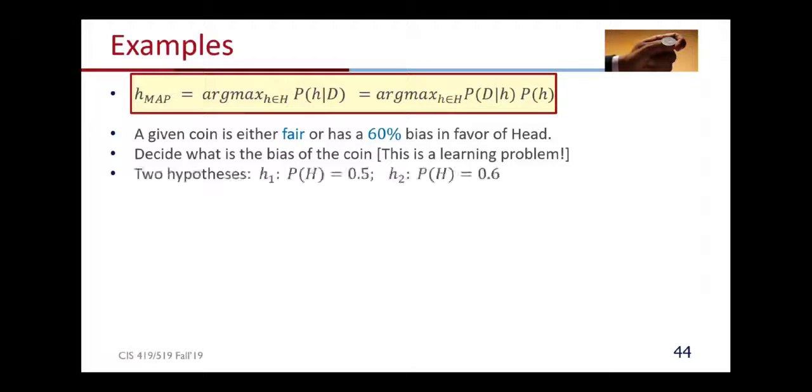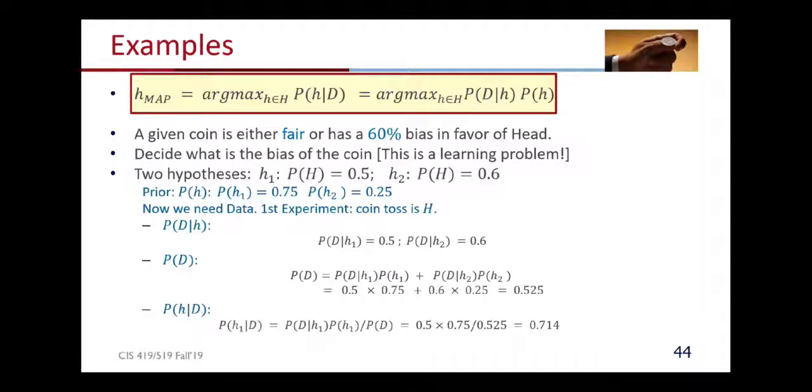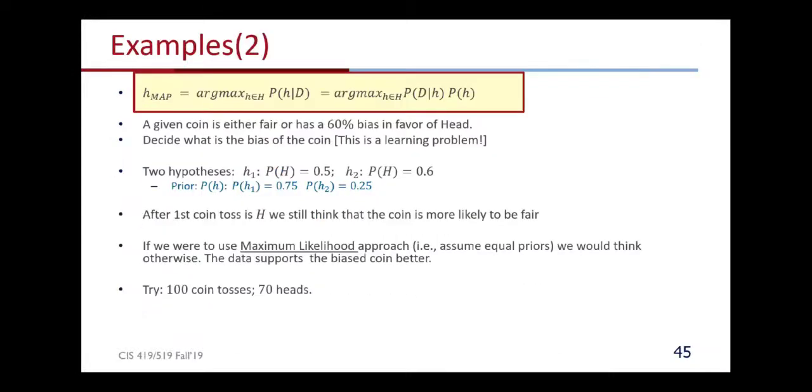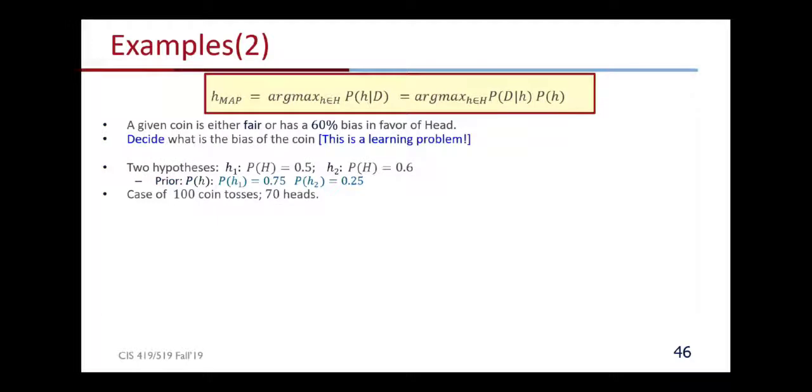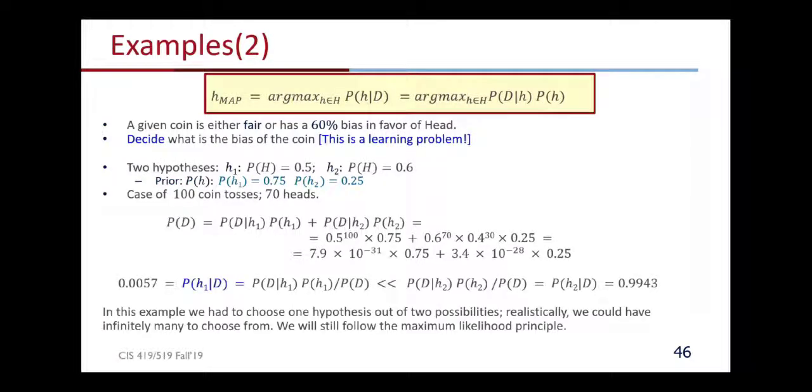Then I asked you to try the case of many coin tosses. We said, let's assume 100 coin tosses where you get 70 heads, and the computation is in the next slide. It's basically standard discrete probability, so let's skip this.